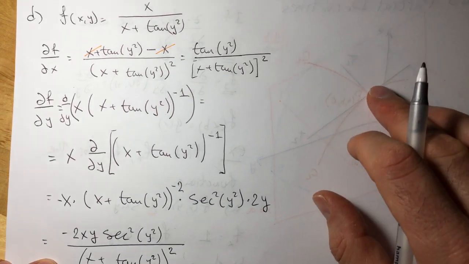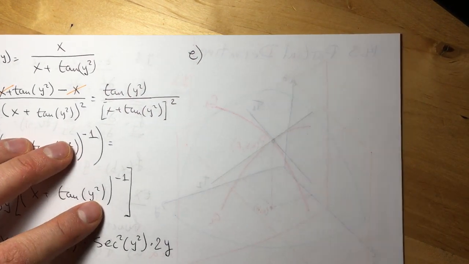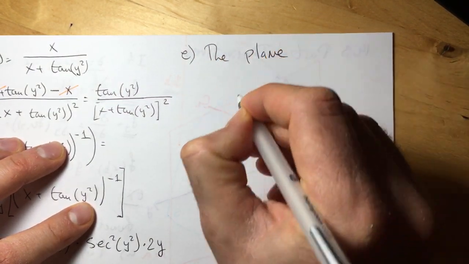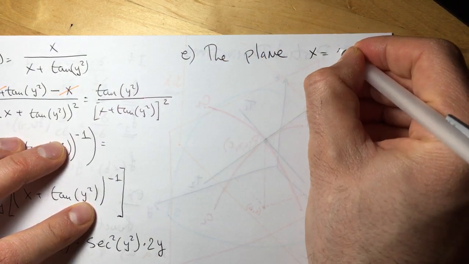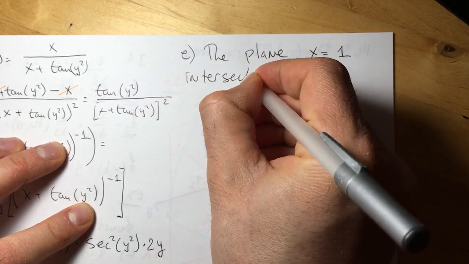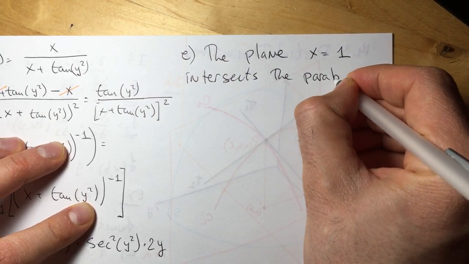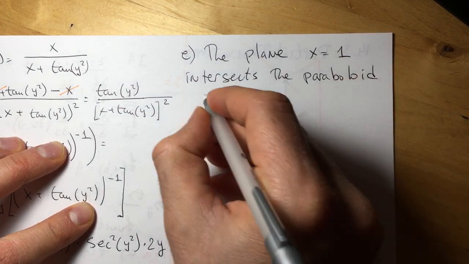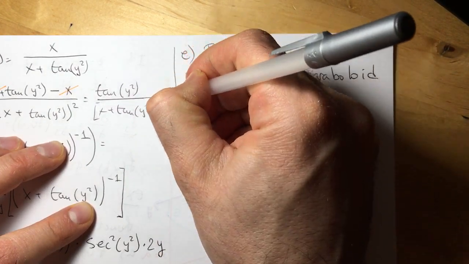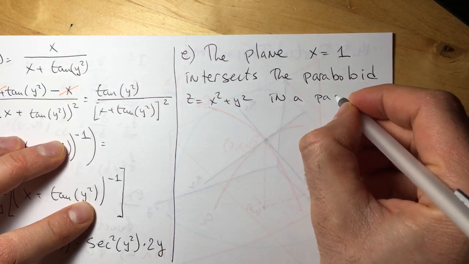Okay, so let's do question E. Let's say that the plane x is equal to 1 intersects the paraboloid z is equal to x squared plus y squared in a parabola.